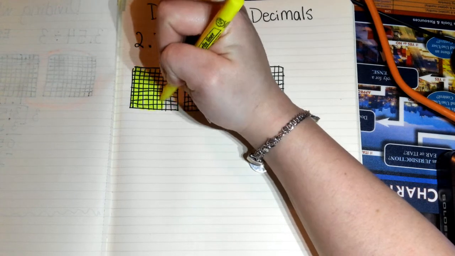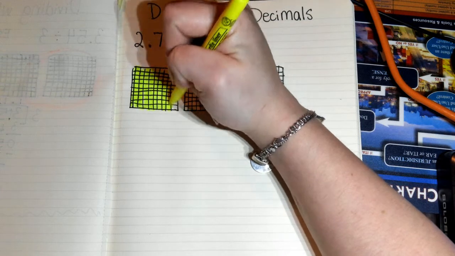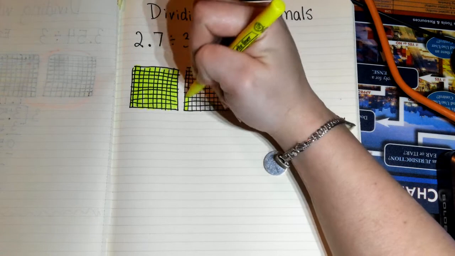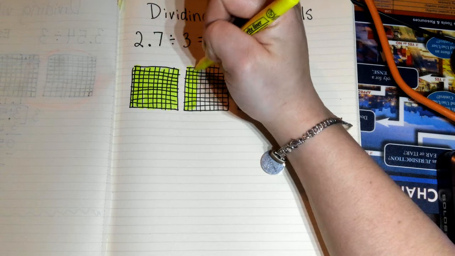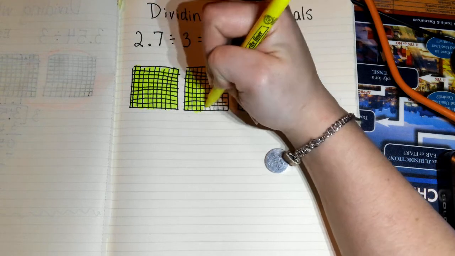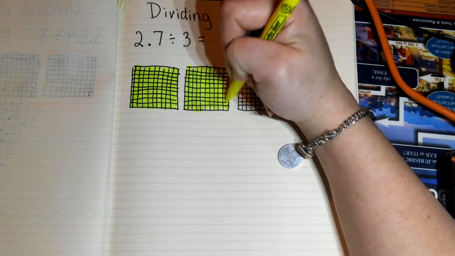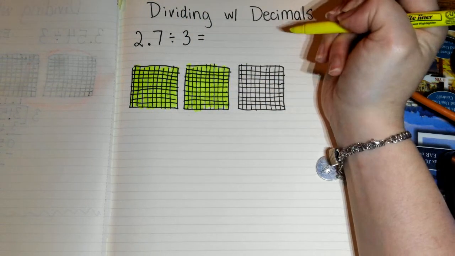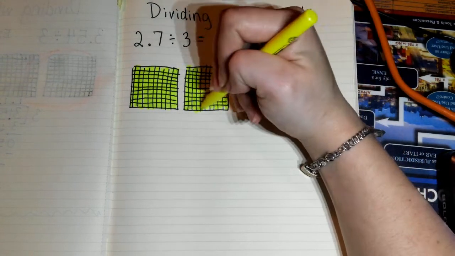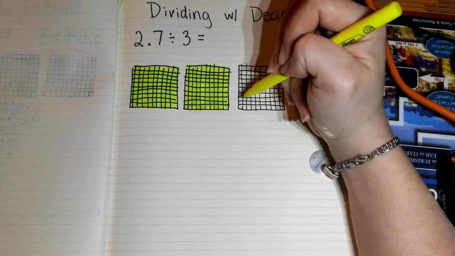Okay? So 2 wholes means 2 of these hundredths grids are going to be completely colored in, because that's our 2 wholes, right? If we want to show a whole, we color in the entire hundredths grid. And this last grid is where we need to be careful, because we're only going to draw 7/10.